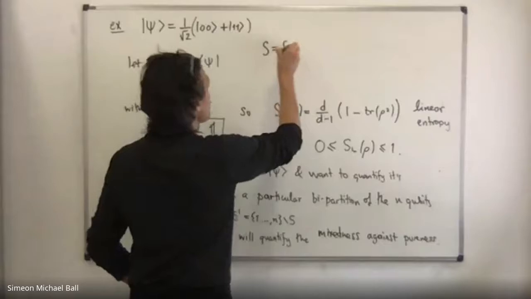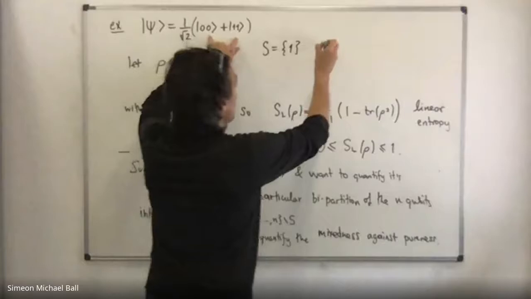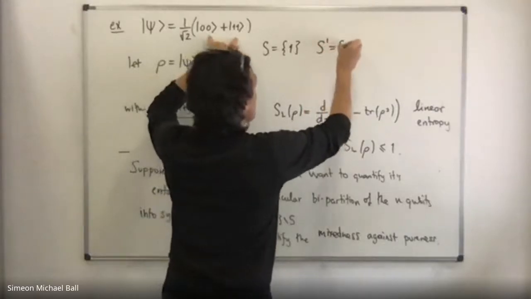S is going to be the one-particle system, the first qubit, and therefore S prime is the second qubit.